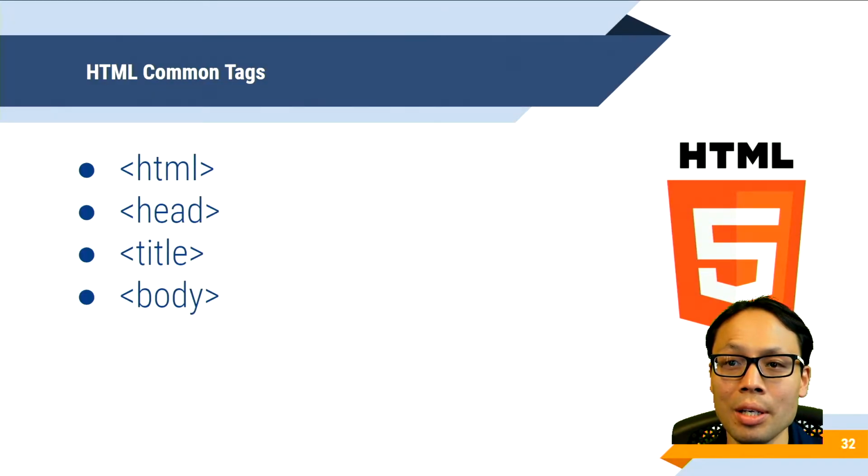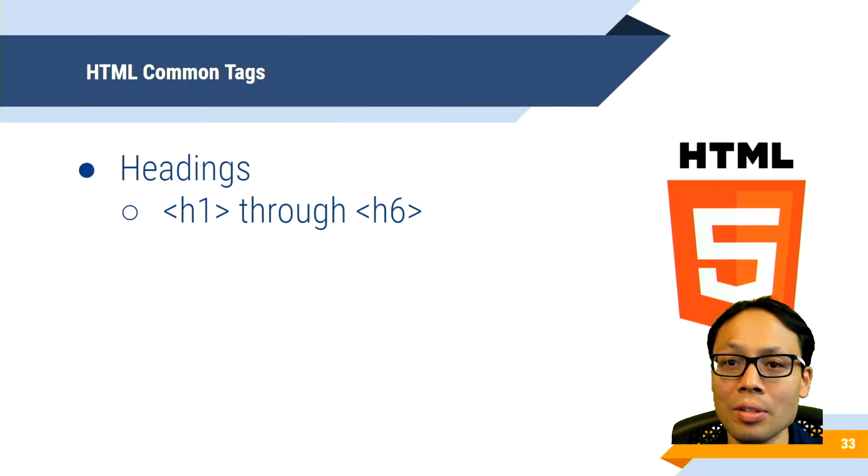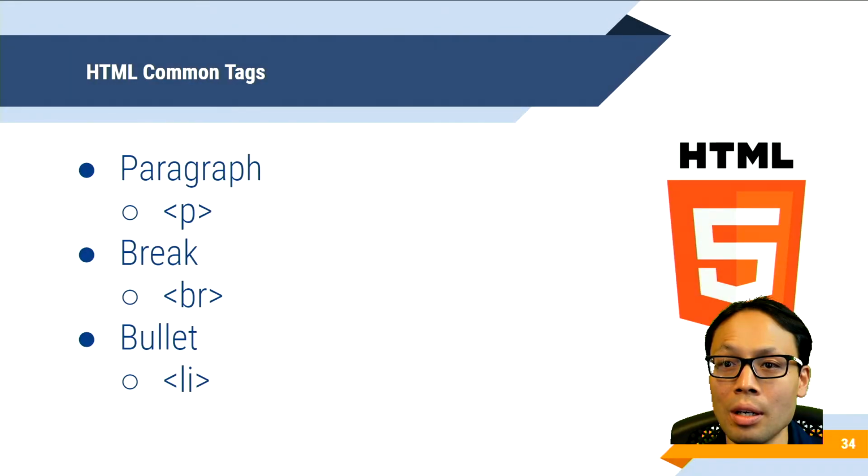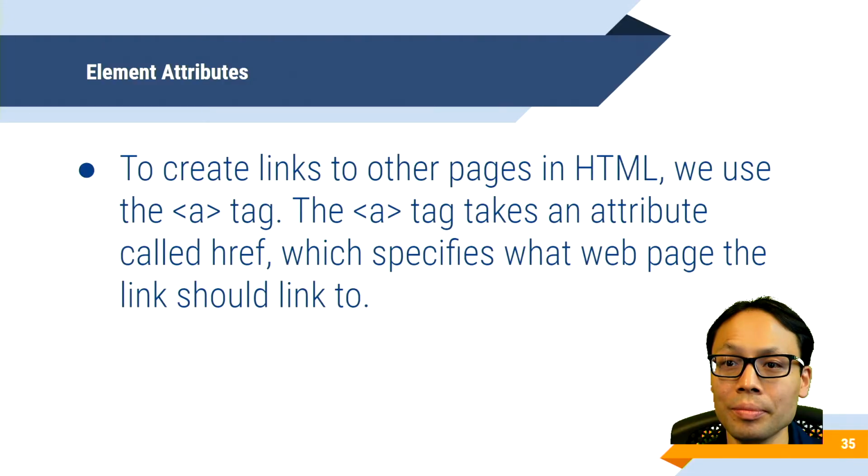Some common tags that you'll see in every HTML document: you've got html, head, title, body. Headings are like larger font sizes, and they range from H1 to H6. Other common HTML tags are the P tag, which stands for paragraph, BR, which stands for break, and LI for bullet.